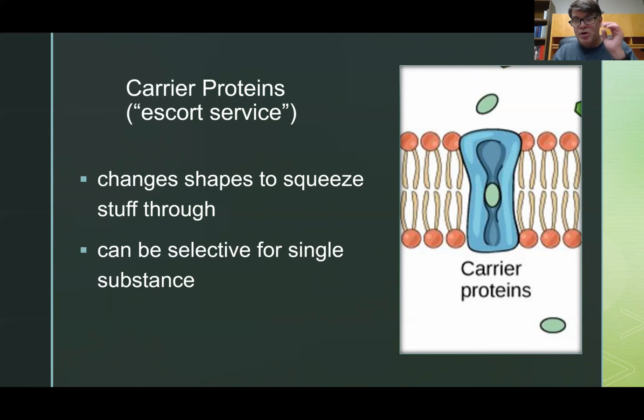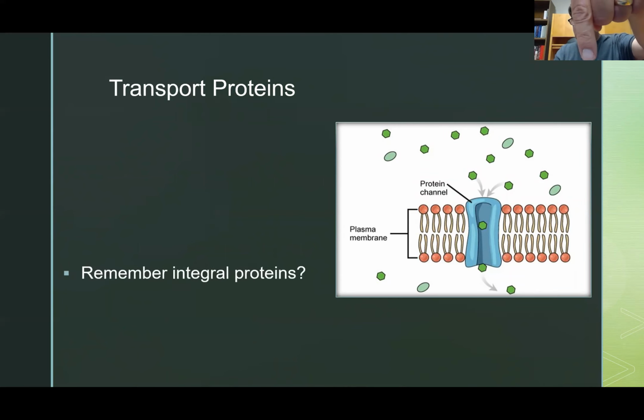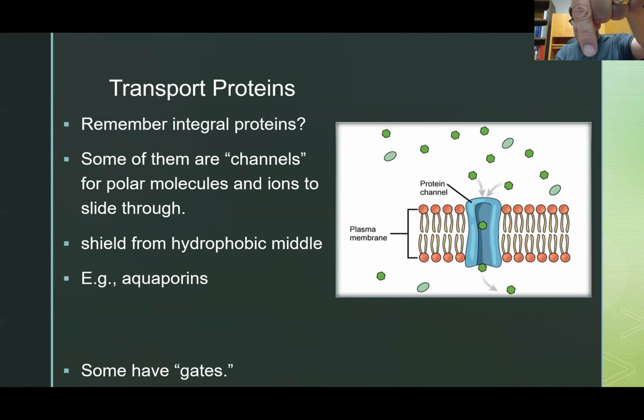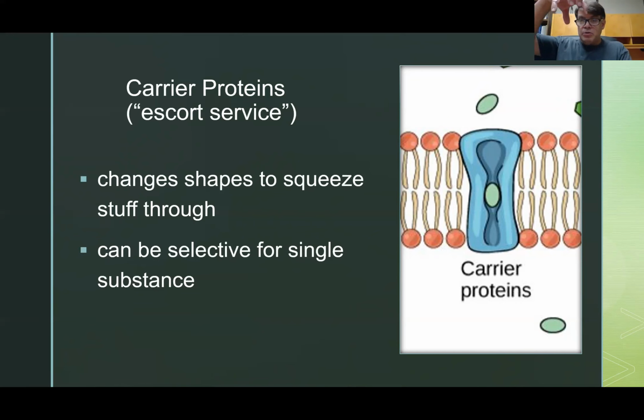And then in the last part of this video, we talked about transport proteins, namely channel proteins and carrier proteins, both of which are integral proteins that span the whole of the cell membrane and the bilayer of phospholipids. This has been passive transport through the cell membrane, part 1.